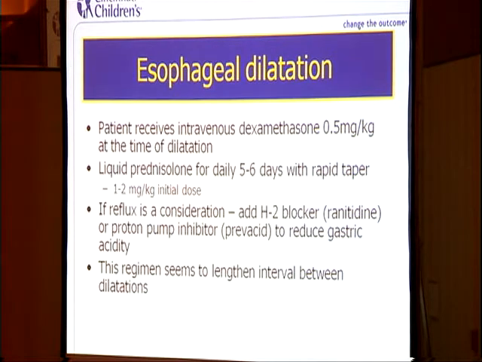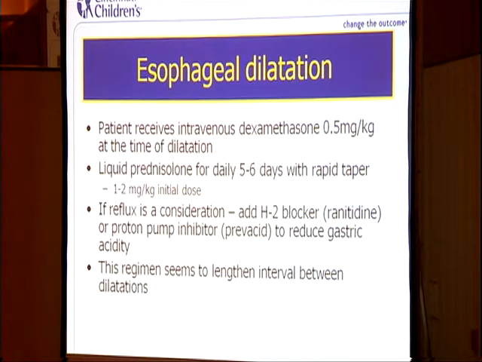So we do give about 4 to 5 days of steroids in a decreasing dose. We always make sure the patients have a proton pump inhibitor or an H2 blocker to decrease the amount of acid, because we presume there is some reflux, although I don't think reflux causes these strictures. I think the strictures are there because of other trauma.